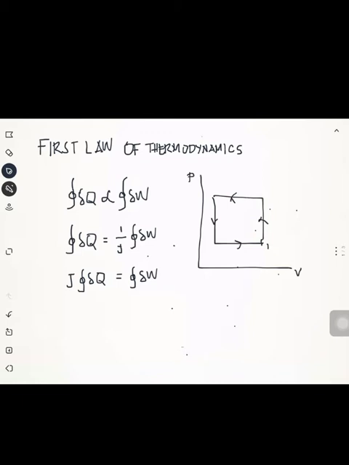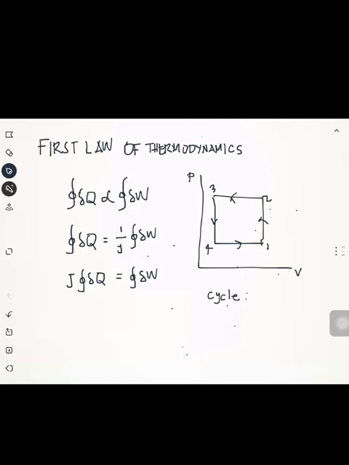So this is 1, 2, 3, and 4. So this is an example of a cycle. So the first law of thermodynamics for a control mass undergoing a cycle.